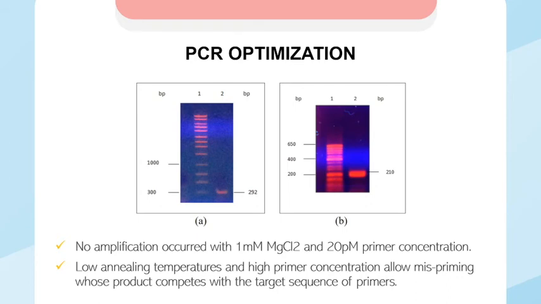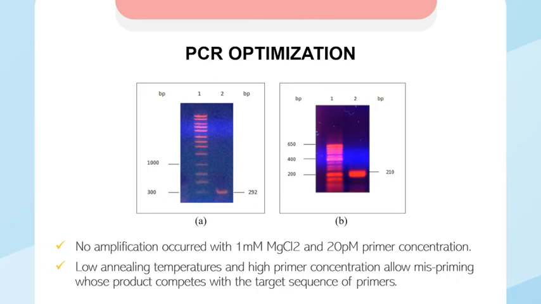The SLT1 gene gives the best yield, with a product size of 210 base pairs amplified at 54.2 degrees Celsius with 2 millimolar magnesium chloride and 2 micromolar primer concentration. No amplification occurred with 1 millimolar magnesium chloride and 20 picomolar primer concentration.